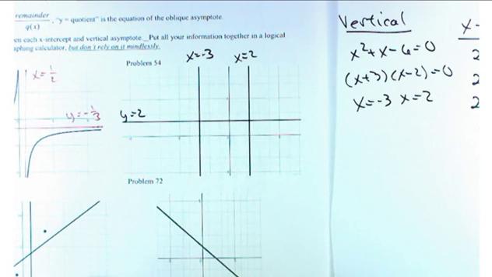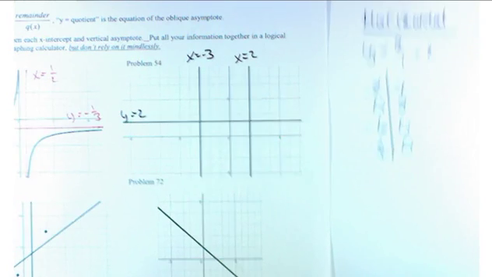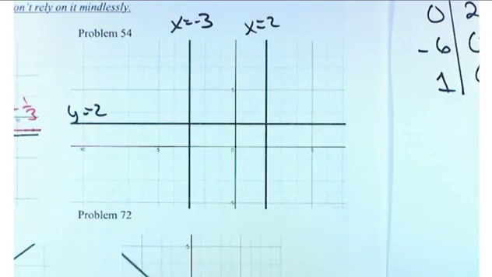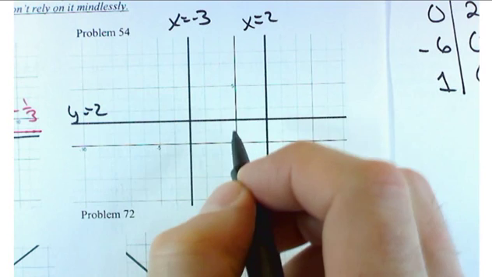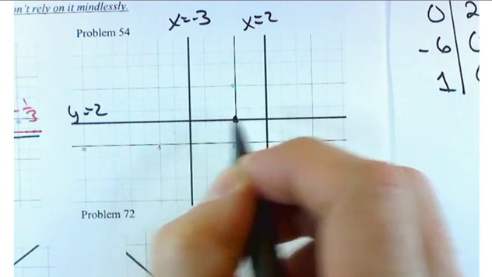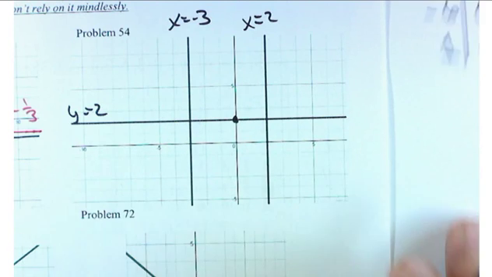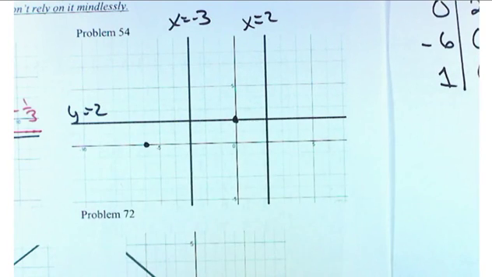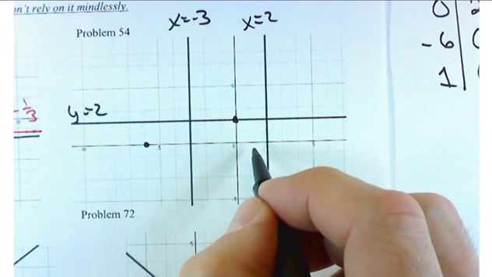Let's also put in a couple other points, some important points. So 0 and 2, that's going to be on our graph. That's going to be right here. Negative 6 and 0. Yeah, about there. And 1 and 0.